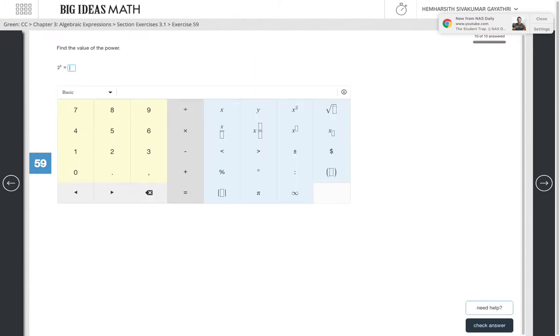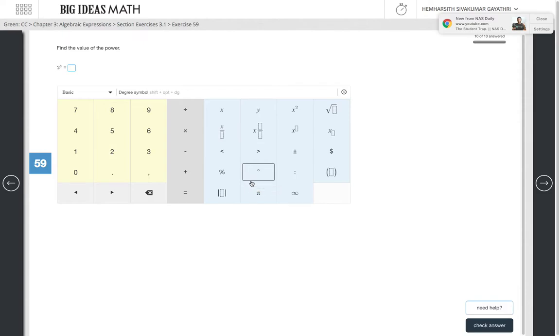But you have to put 2 times 2 times 2 times 2 times 2 times 2 times 2 times 2, which is 2 times 2 is 4, 4 times 2 is 8, 8 times 2 is 16, 16 times 2 is 32, 32 times 2 is 64, 64 times 2 is 128, 128 times 2 is 256.